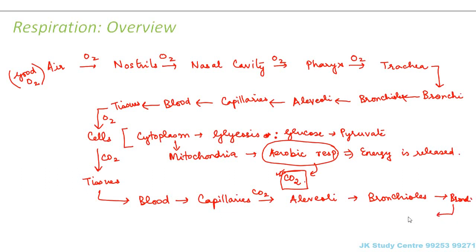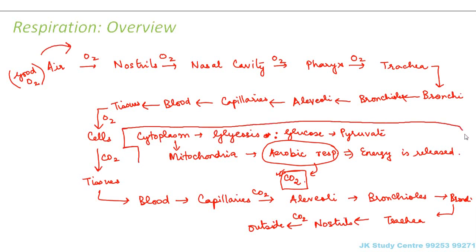The bronchi will then send it back to the trachea, which will again send it back to the nostrils. From there it will go outside. So what went outside? Carbon dioxide. So we see carbon dioxide went outside and oxygen came inside, and here the entire process of internal respiration took place.